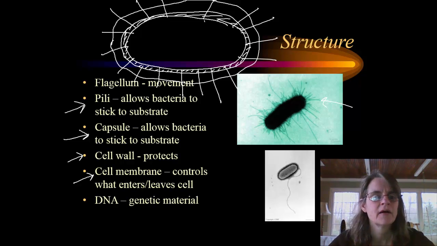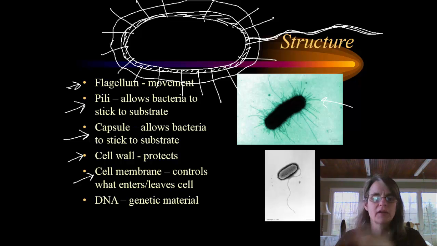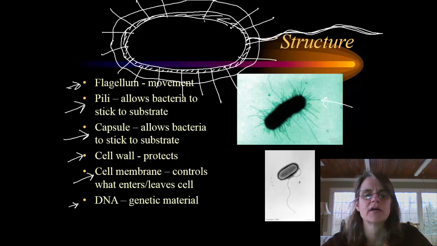It helps them to stick to a substrate or to other bacteria. Okay. Finally, some, but not all, bacteria have a flagellum, and that flagellum is a long bundle of microtubules, which is just a skeletal structure that allows, when it's moved back and forth, the bacteria to weakly swim through a fluid. And finally, DNA, genetic material. They have that single circular chromosome we were talking about earlier, okay?